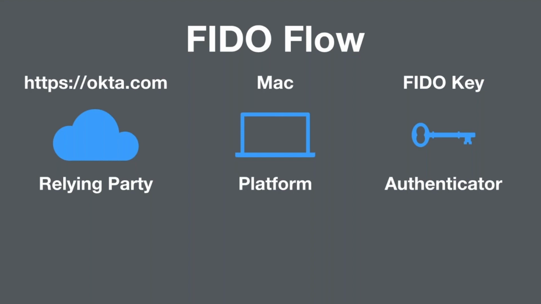So the web browser is the platform. That's the one that's getting the information from the website and then issuing the commands over USB, Bluetooth, or whatever else to what's there on the right, which is your FIDO key or your authenticator. In between the relying party and the platform, that communication is handled by WebAuthn. WebAuthn calls a couple of different things, and that's effectively JSON going across there. So that goes to the platform.